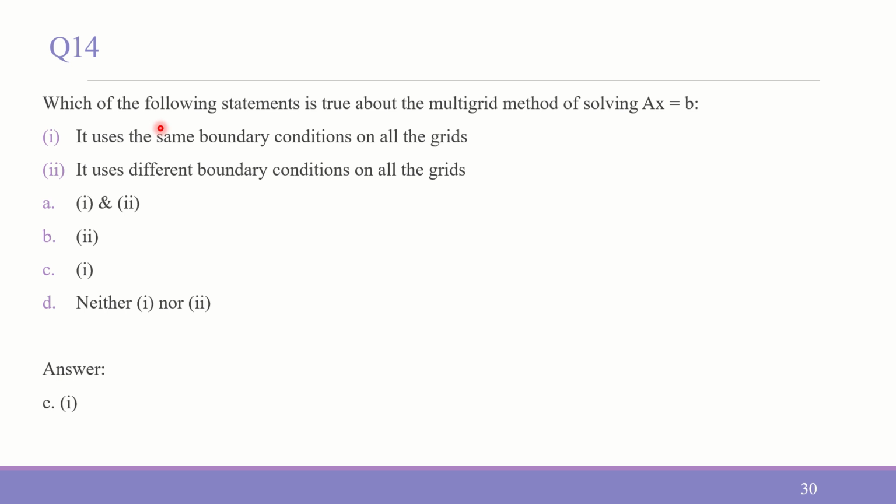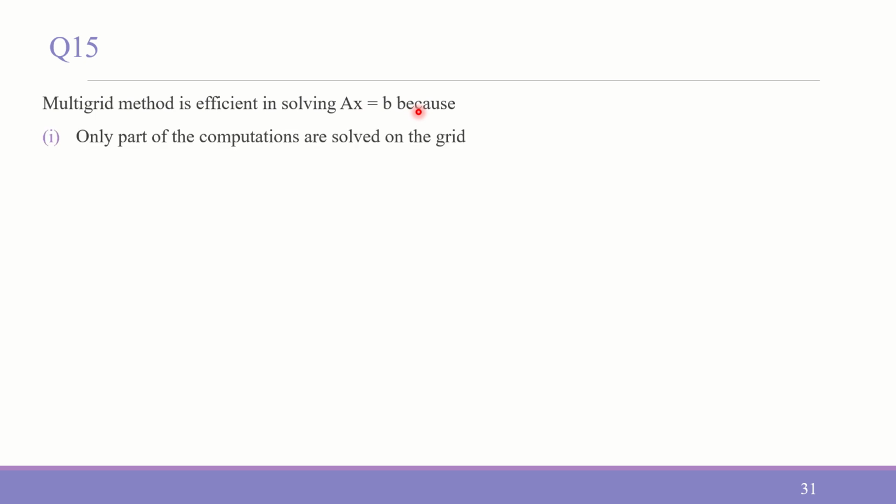Now we will go to question 15, the last question for today's session. It is again about the multigrid method. Multigrid method is efficient in solving Ax = B because dash. First one, only part of the computations are solved on the grid.